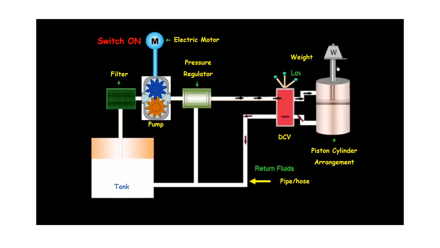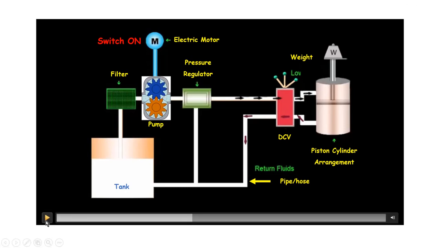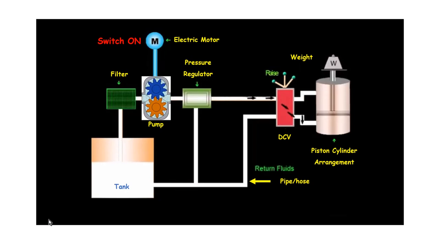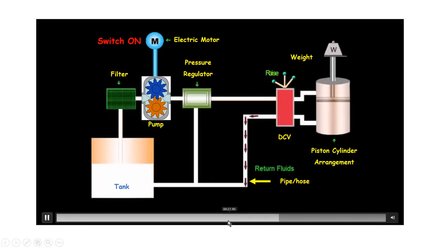This movement of piston in upward direction is also called as forward stroke or extension stroke of cylinder. Now, when fluid flows in clockwise direction, fluid enters the upper portion of cylinder, which will lower the piston in downward direction, which is called as return stroke of cylinder.